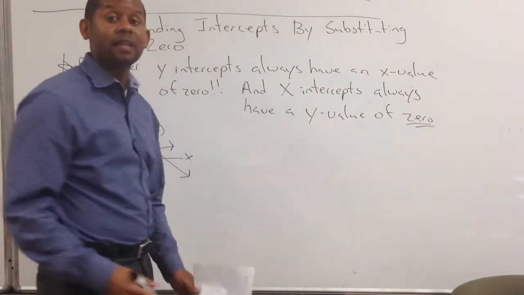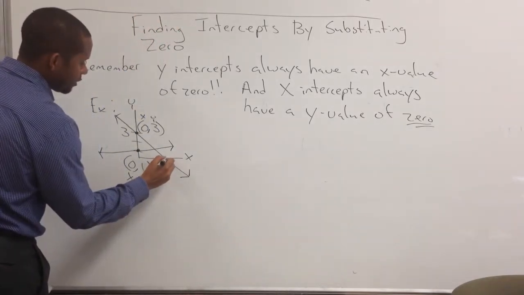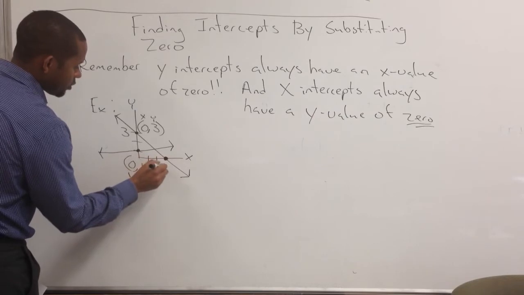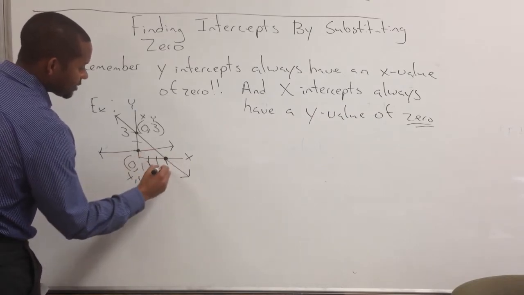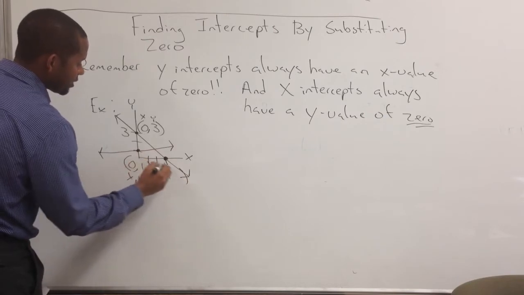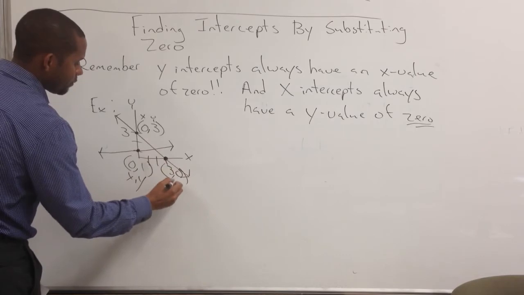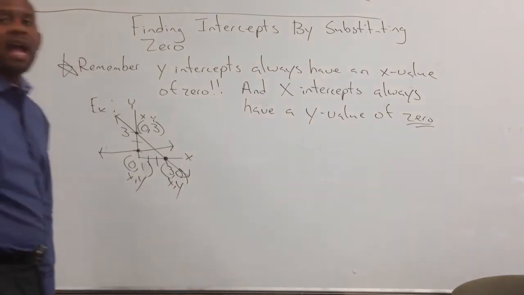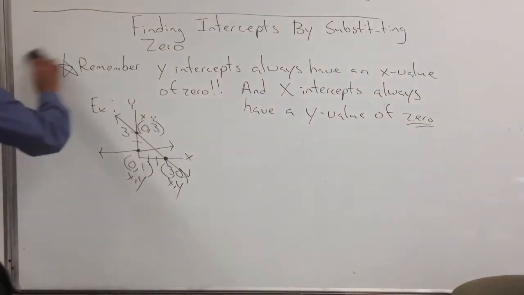So I'm not going to draw that again, but for the same reason, if I have an x-intercept, like right here, and let's say we got 1, 2, 3, and here's the x-intercept where it crosses the x-axis. This is the point x is 3 and y is 0. X-intercepts have to have y values of 0.